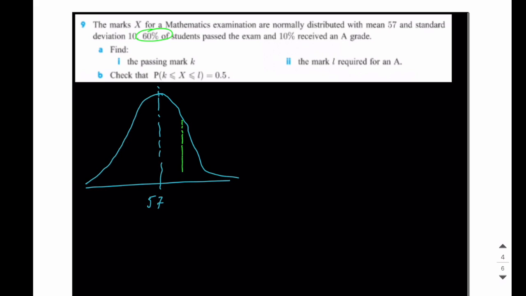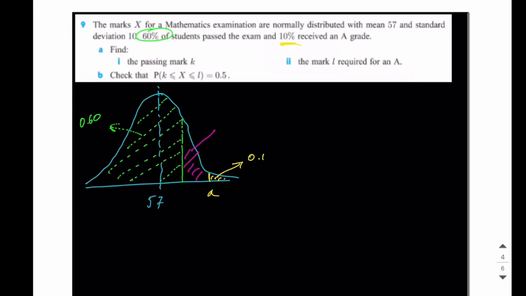So this green part is 60%, so this is 0.60, and then I'm going to do with yellow the 10% on the top. So this is K. I'm going to call it actually A for an A. This is 10%. And also, just out of argument, I kind of know what that is, even though I haven't started working on the problem. I have 0.6, 0.1, so this is 0.3 for sure.